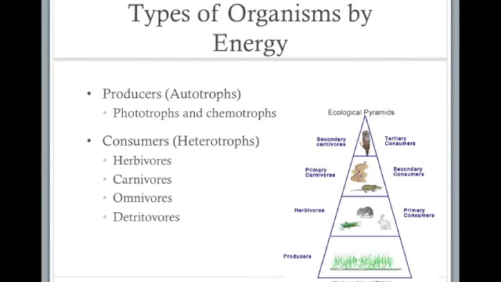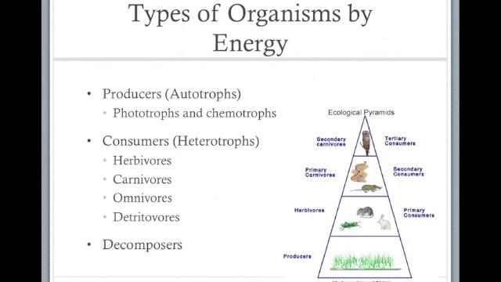The next are your consumers, also known as heterotrophs. And these are herbivores, carnivores, omnivores, and detritivores. These basically need to eat their food. They cannot make their own. And then lastly, there are decomposers. These are organisms that actually break down dead and decaying material and help to recycle.